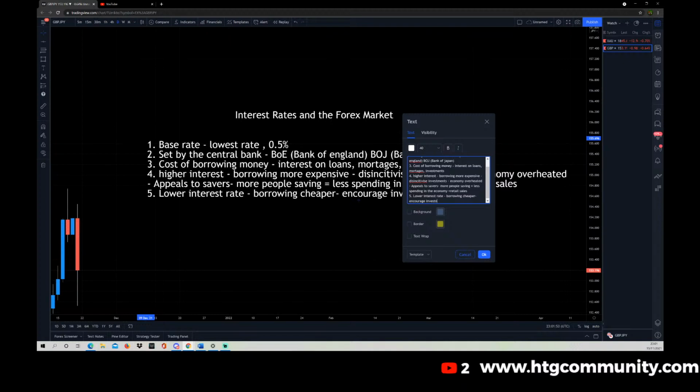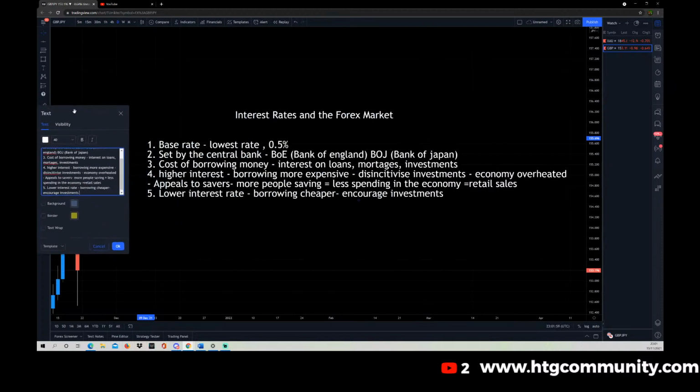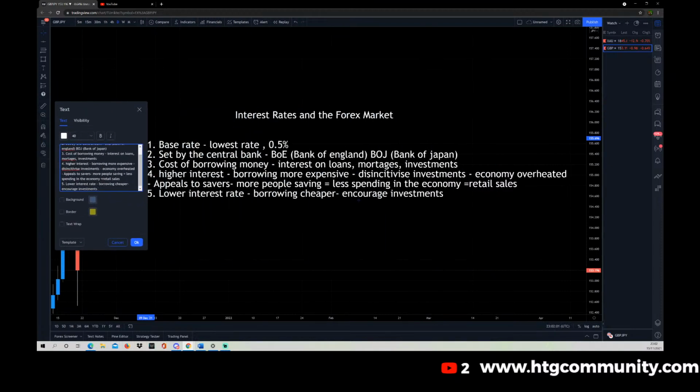Whether that be people investing into assets through mortgages, etc. Because even when you're going for a mortgage, you're still investing, so to speak, into an asset. You're still putting your money to paying off an asset. But obviously that's another discussion for another webinar. But yeah, so like what we said, borrowing cheaper encourages investments.